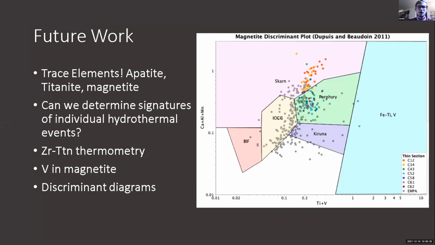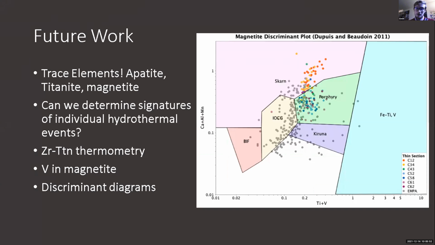So, future and ongoing work, and if anyone wants to chat about some of this after, we certainly can. The next steps are to look at the other half of the split stream ICP-MS data, which are the trace elements. It's really exciting that for each mineral that we have uranium lead isotopes for, we also have corresponding trace elements.